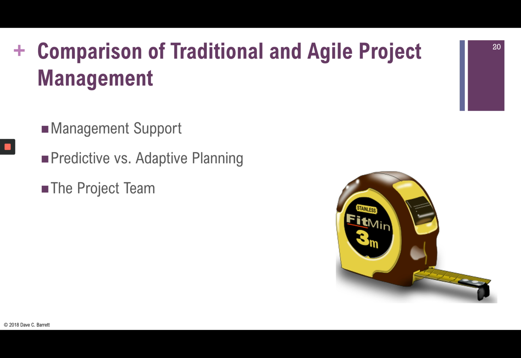On Scrum teams, they are more generic: they're all called developers, and they become increasingly cross-functional, so that different team members will do different functions, not just their one specialty. So it's a different way of organizing the project team. And the project team in Agile is self-directed to a large degree, versus in traditional project management, where the project manager directs.